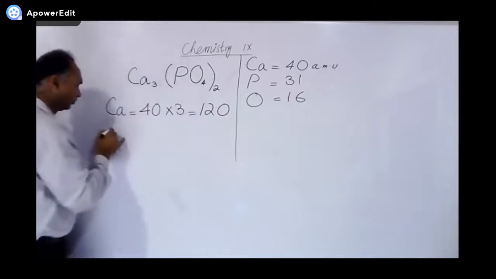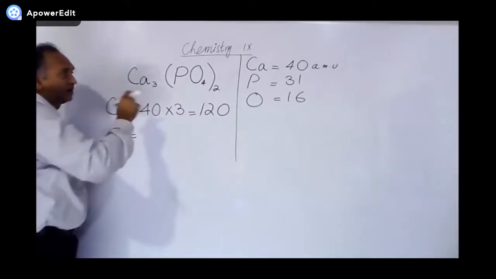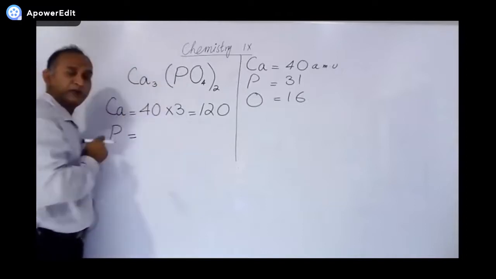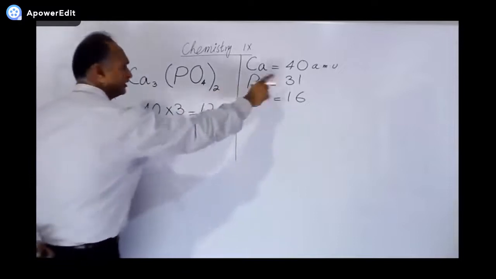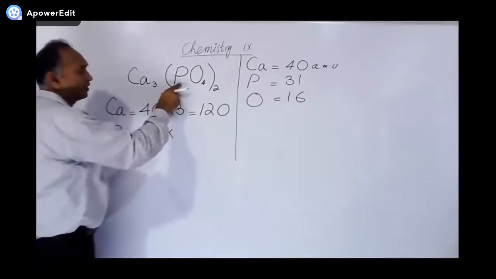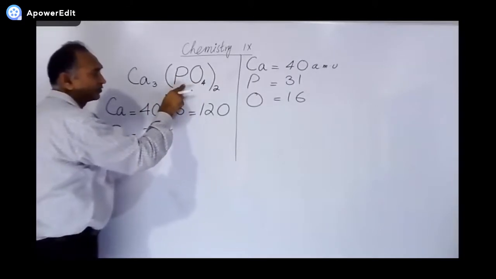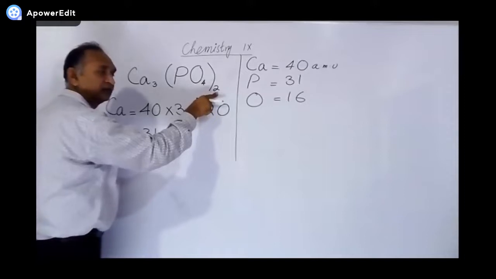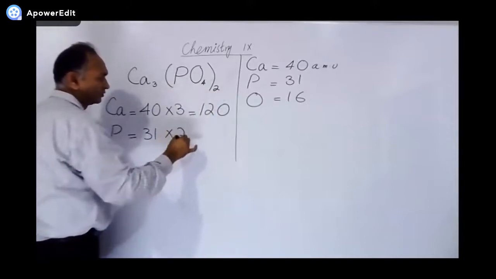So, if someone asks what is the value of P over here in terms of masses, you will write the value of one phosphorus, 31. How many phosphorus? 1. You have to multiply this subscript by this one. 1 twos are 2.